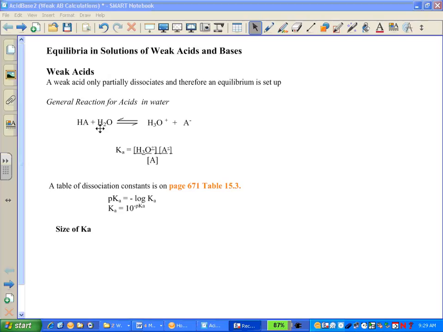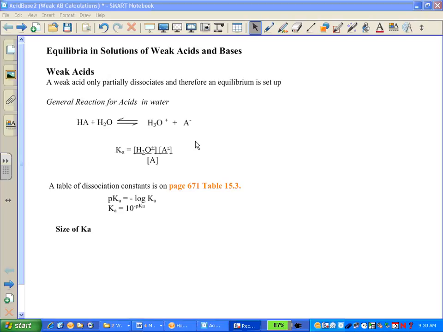As you know, the reaction with water involves a proton transfer from the acid to the water to produce H3O+ and A-. So A- is that counter ion, so it's the rest of the formula from the acid with a negative charge because it has lost a proton.